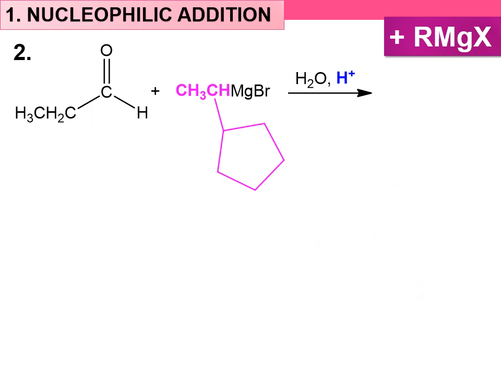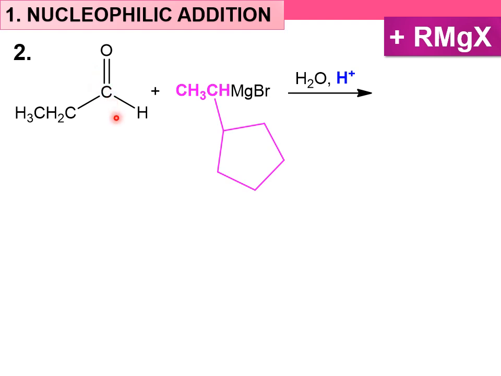Right, question number 2 for Grignard reagent. Wow, the Grignard reagent has a cyclic substituent. Never mind, it's simple. Just take it with you when you are attacking the carbonyl carbon.